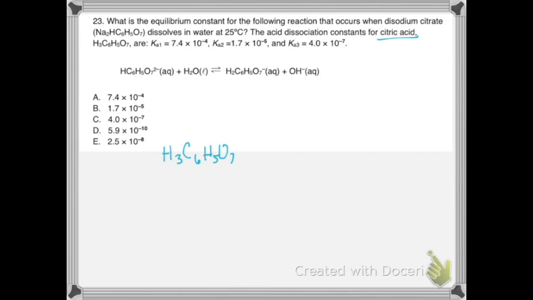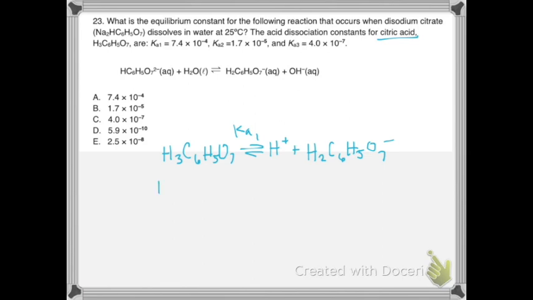Okay, so the first one will have a Ka1, which the value is given above. We'll lose one proton and have H2C6H5O7 minus.